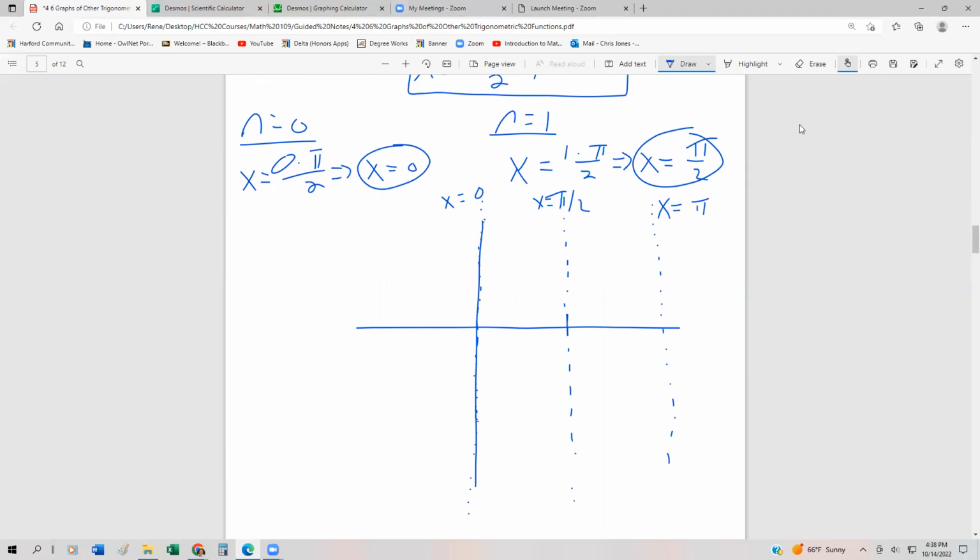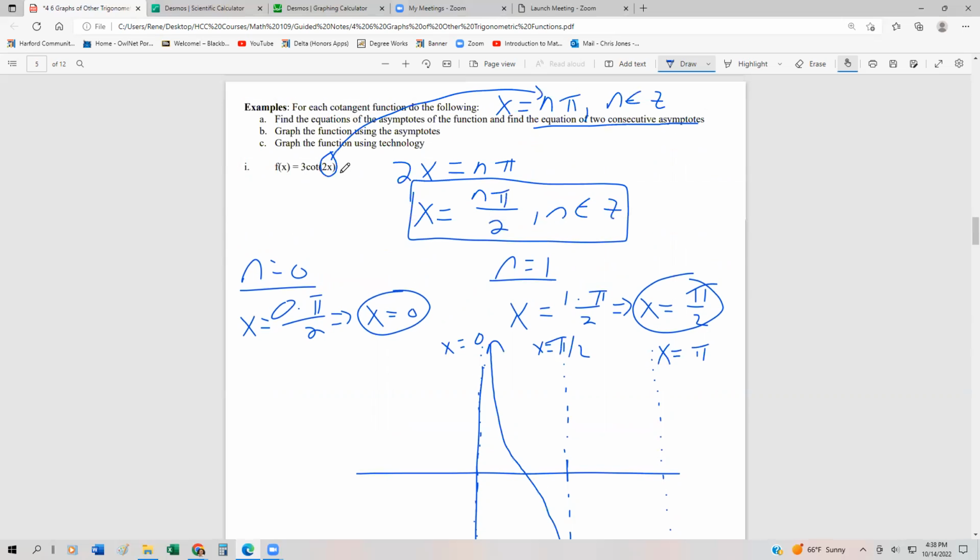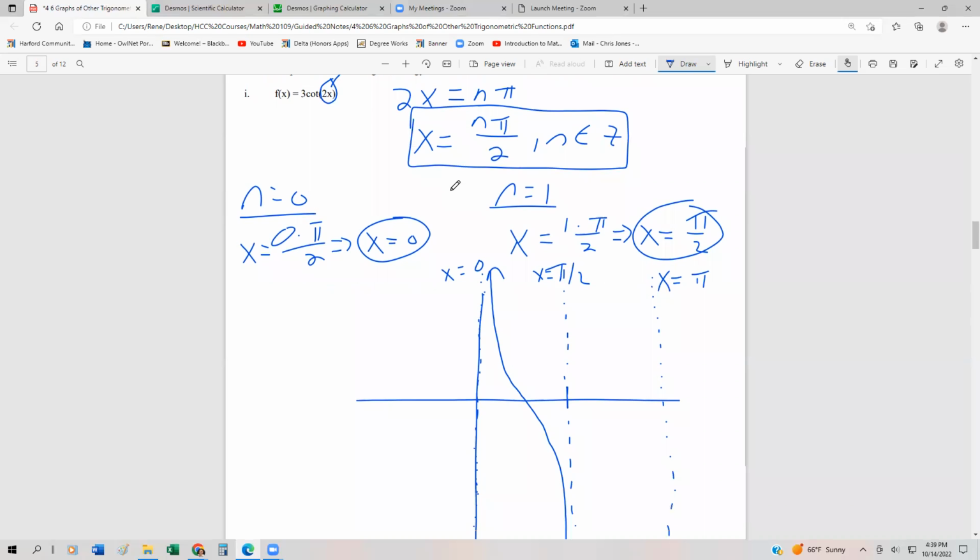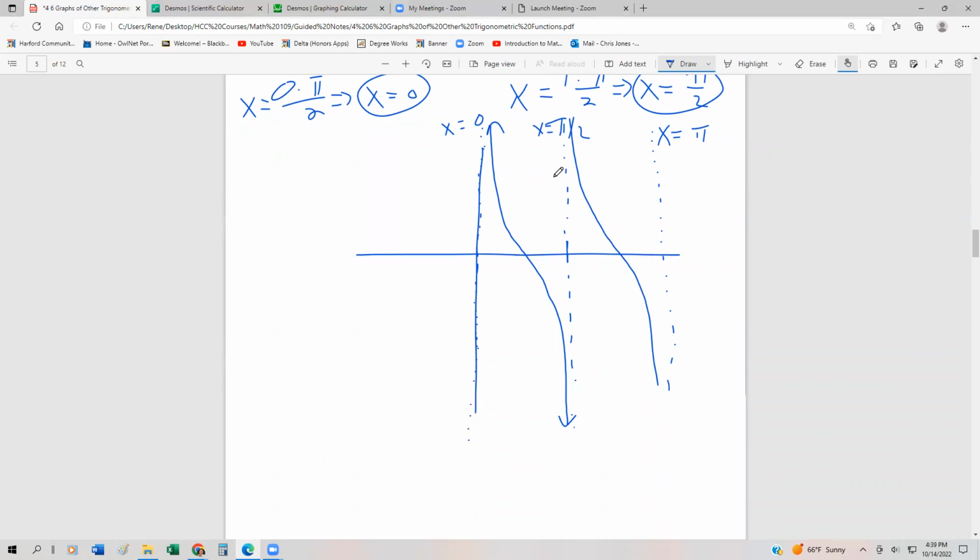We know that the cotangent function has this sort of behavior, and this is what one of the cycles would look like, of this 3 cotangent of 2x approximately. If we repeat that behavior because it is periodic, it would look something like that. So we can get a basic idea as to what the function looks like.